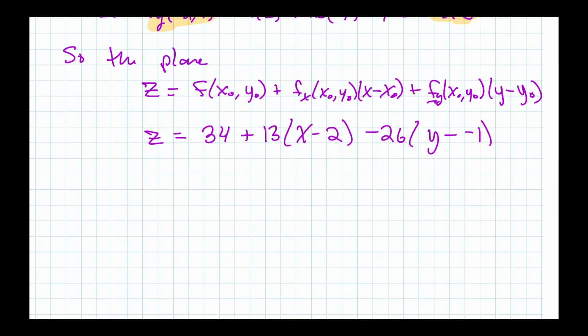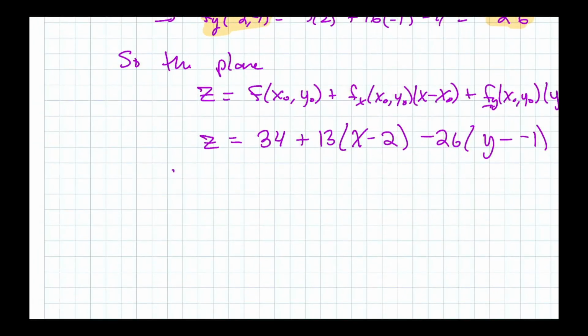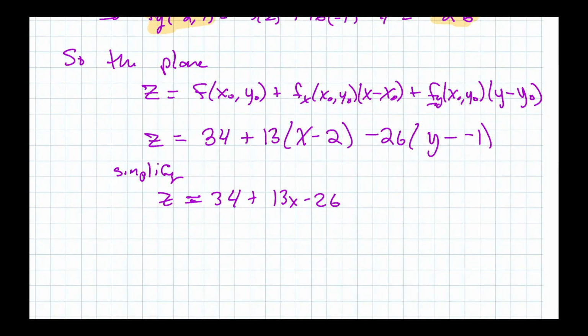Okay, and this is basically it, but you can also do a little bit of simplifying. Not too much, but you can go 34, and then you can basically just multiply this out if you want to. So you'd have 13x minus 26. And then here you'd have negative 26 times y, so negative 26y. And then this is minus minus 1, which is 1, and 1 times negative 26 is negative 26.